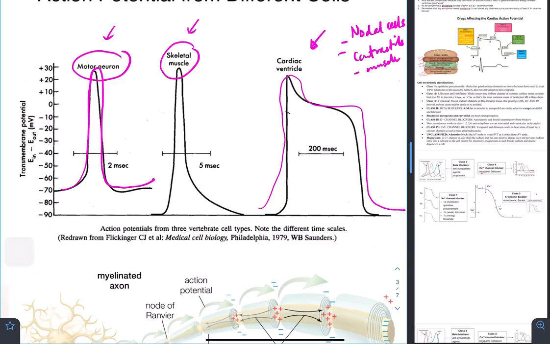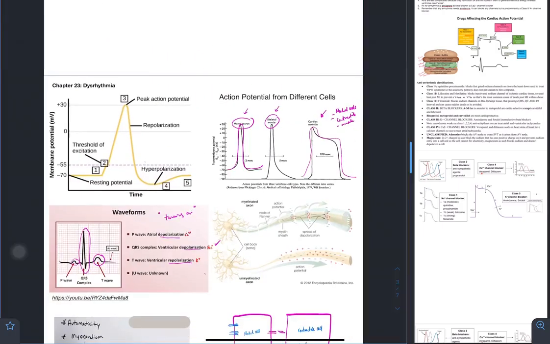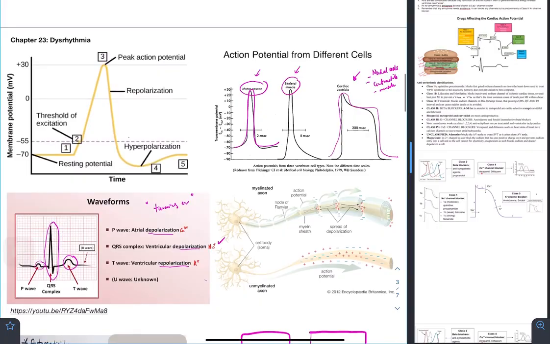And one more thing to note is that the nodal cells' action potentials are also different. This would be a good picture of the nodal cells' action potentials. Notice that it has hyperpolarizations, where the membrane potential dips below the resting potential. If minus 70 is the resting potential, hyperpolarized means it goes beyond it. And this is important in order for the action potential of nodal cells to be activated.